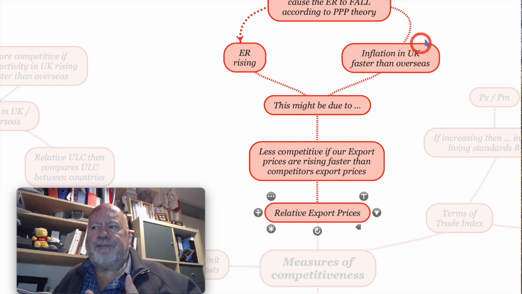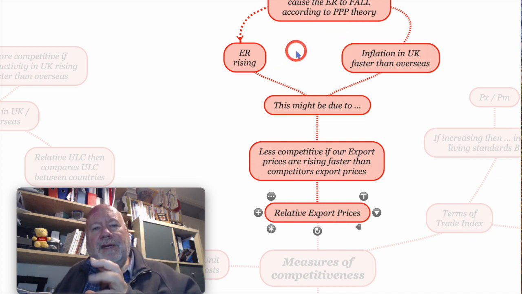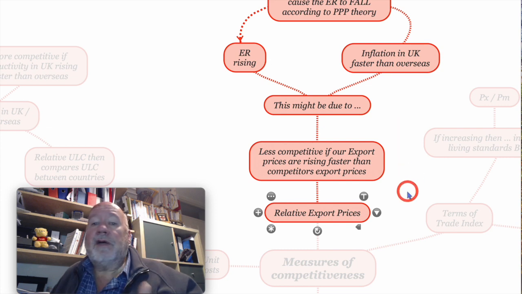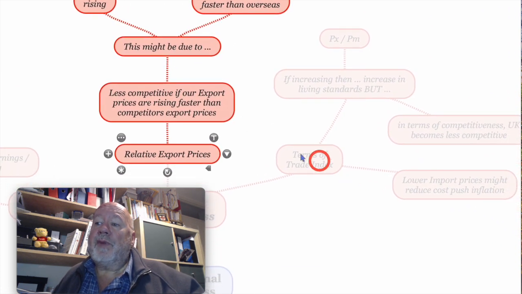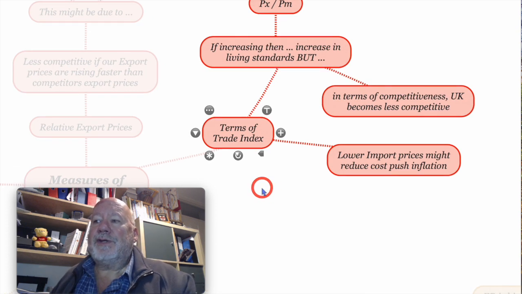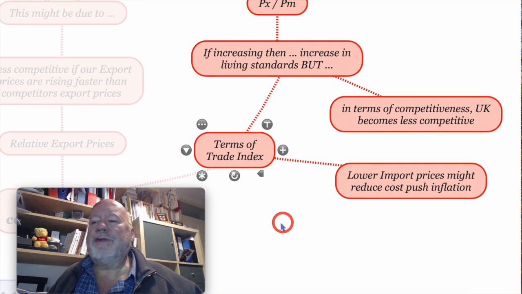So that's a nice thing to put in as evaluation if you were considering relative export prices. And the last one is the terms of trade index, which I hope you remember from earlier in the course.